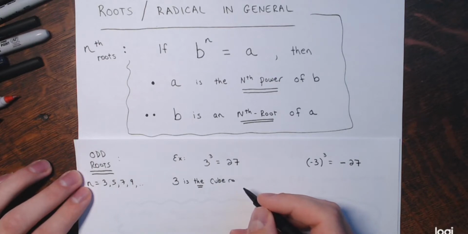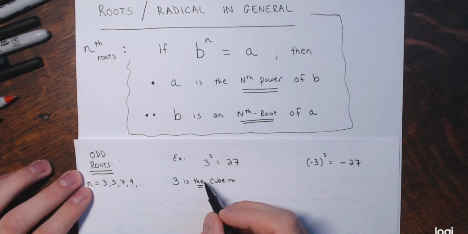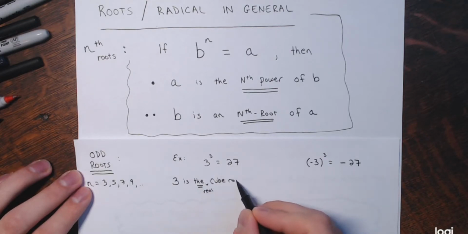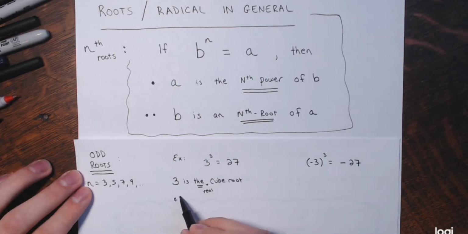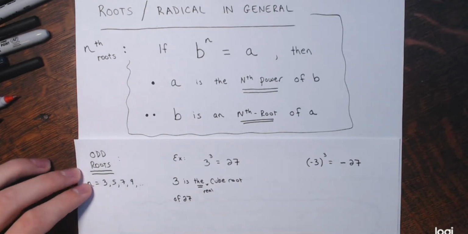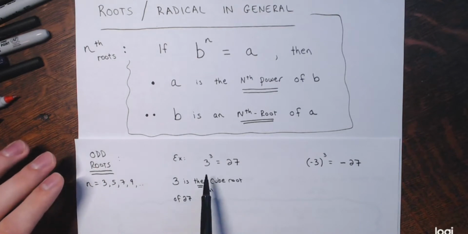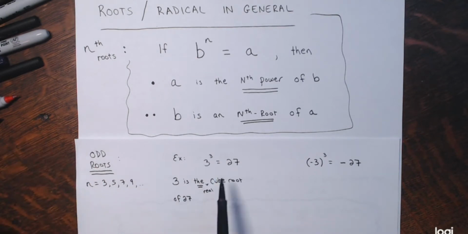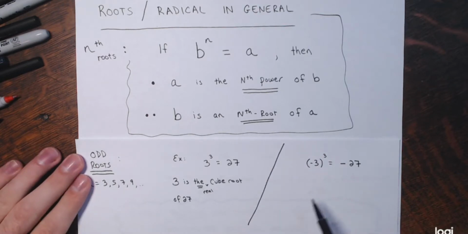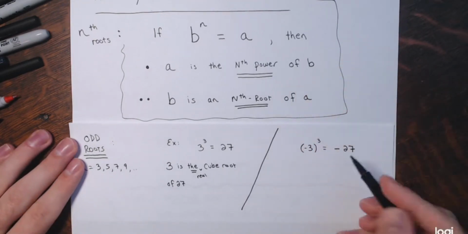Well, there are imaginary, okay. I shouldn't say that. But still, the real cube root of 27. And there's no other real number, right? There's no other real number I could raise to the third power and get 27. That's it. And same thing with this negative number here, right?